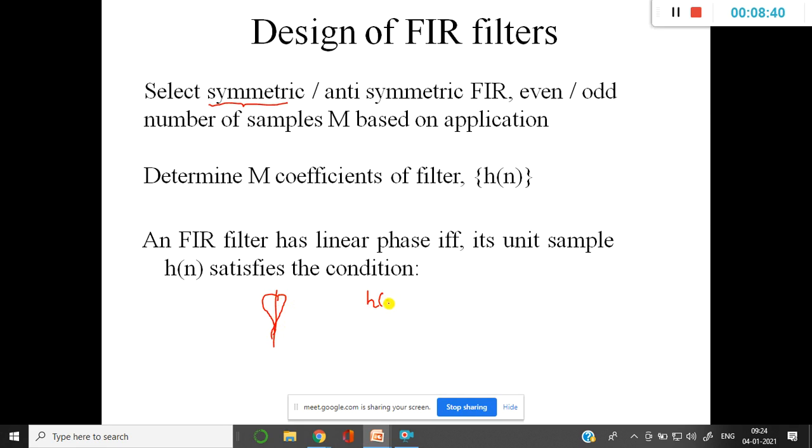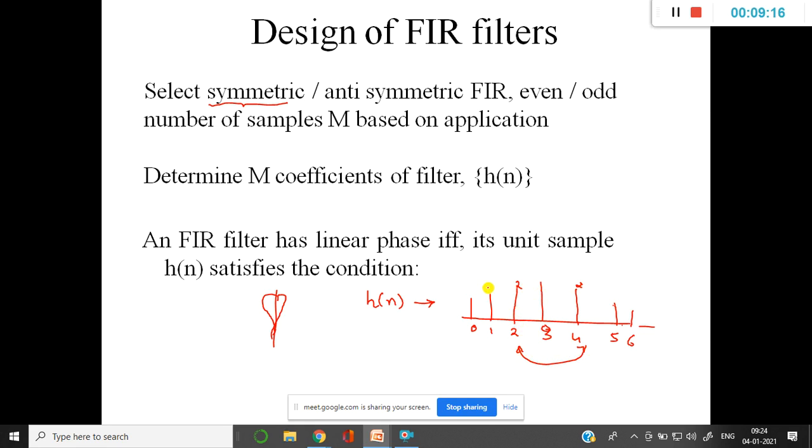Here also we consider h of n to be symmetric or antisymmetric. When I say symmetric, let me consider n from 0 to 6, that is 7 samples. So this is the 0th sample: 0 1 2 3 4 5 6. Now observe carefully, 2 and 4 are symmetric because the values are the same.